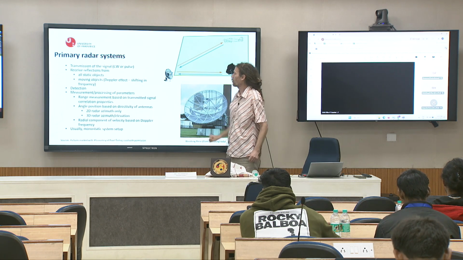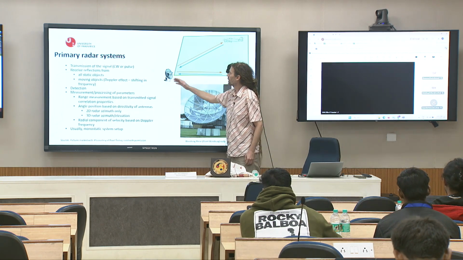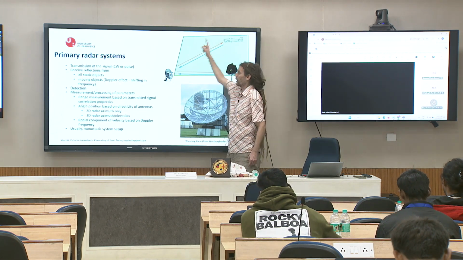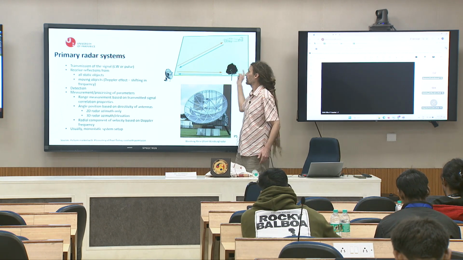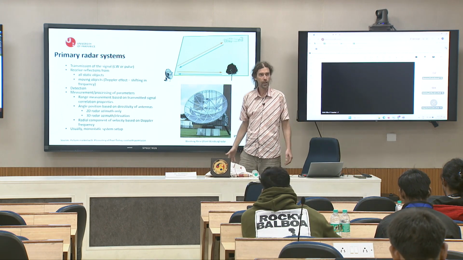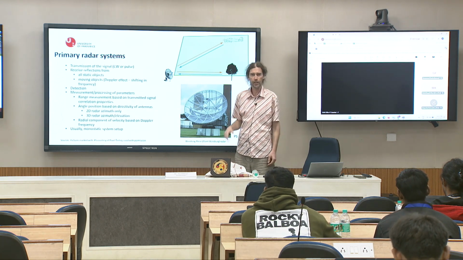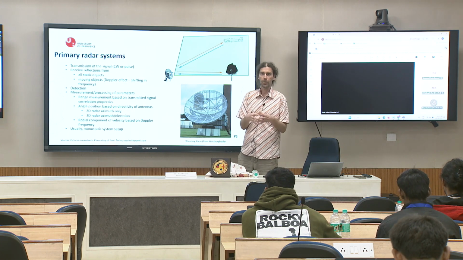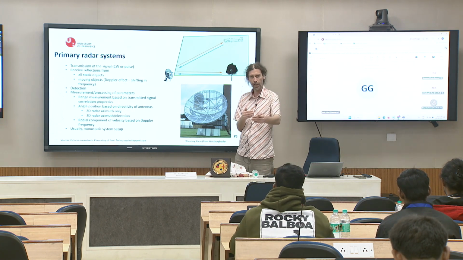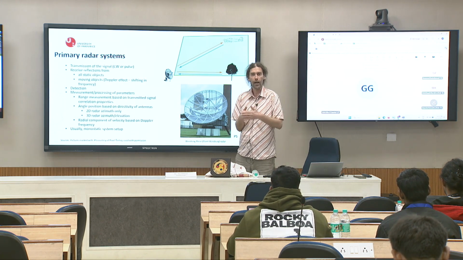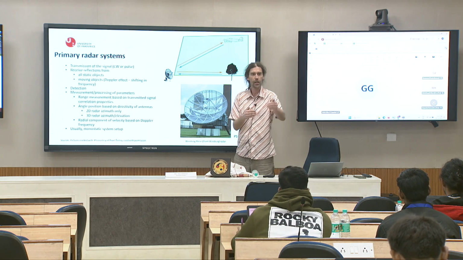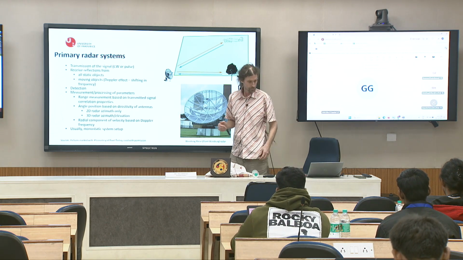Imagine this is our radar, and this is the coverage area. It could be 1 square meter, it could be a big one, it could be a 2D radar or a 3D radar. It depends on whether my detection results are only range and azimuth, or azimuth, range and elevation.